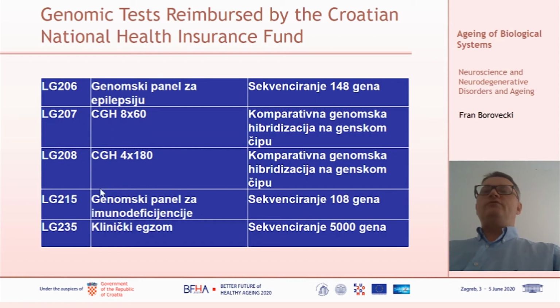A genomic panel for immunodeficiencies has been introduced by another institution, but we've also introduced this year the Clinical Exome. So we can analyze 5,000 genes in any patient where we see it fit or necessary, who is referred either by a medical geneticist, a neuropediatrician, or a neurologist. And I'm happy to say that all these 5 tests can be performed at the Center for Translational Clinical Research.